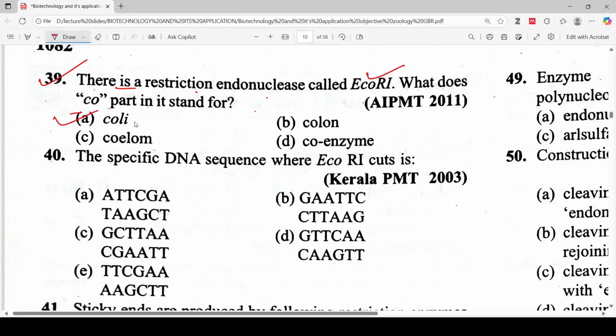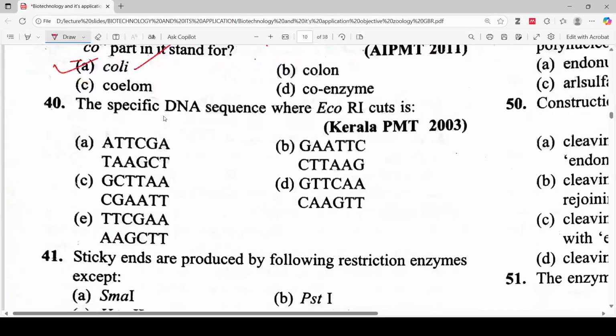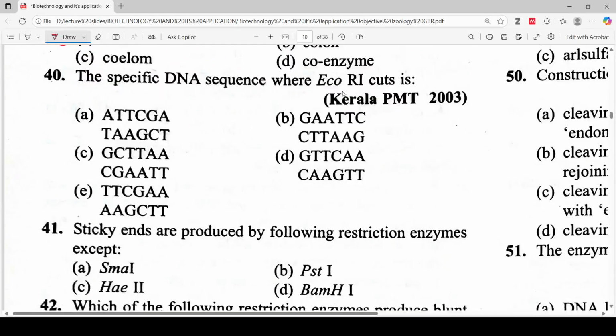So the bacteria E. coli is called, so from bacteria the endonuclease is produced. Next question, the specific DNA sequence where EcoRI cuts is. So the correct answer is option B.